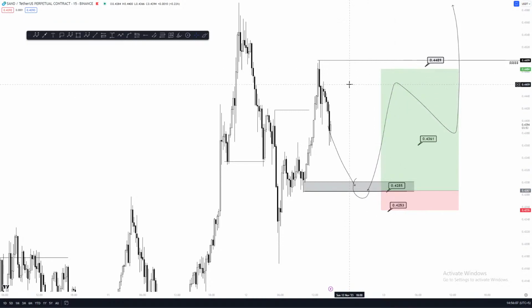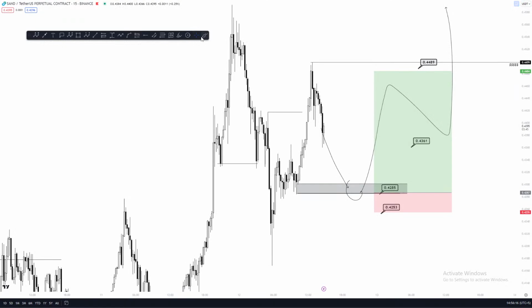And SAND, again I'm clearly saying to you guys that if SAND is in a bullish direction, better to avoid the shorts, otherwise you will be ruined. Okay, so SAND's presence is bullish, right?